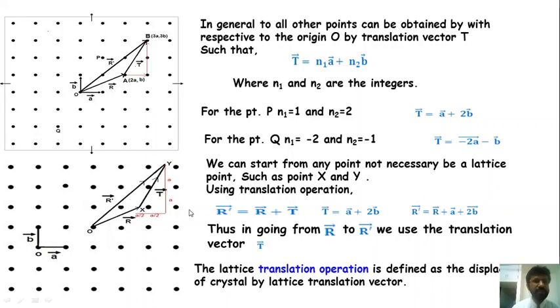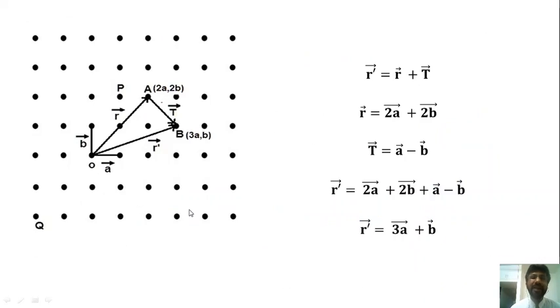So the displacement of a crystal, displacement of a unit cell, displacement of atoms by a lattice translation vector is known as the translation operation. So the lattice translation vector is very important in case of the translation operation. So this is one of the examples.